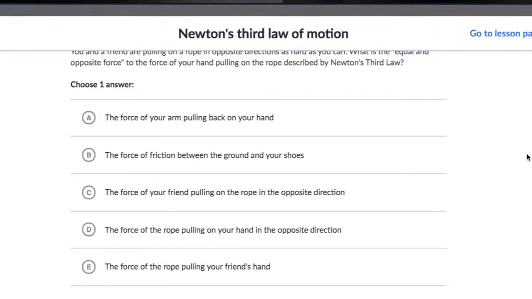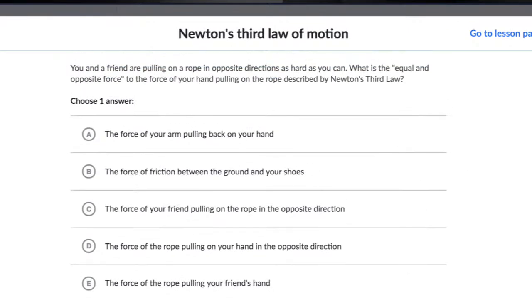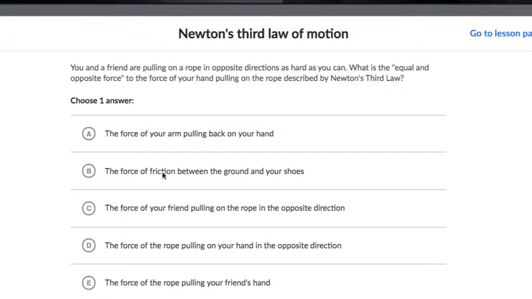So the boy leap question is over now. You and a friend are pulling a rope in opposite direction as hard as you can.